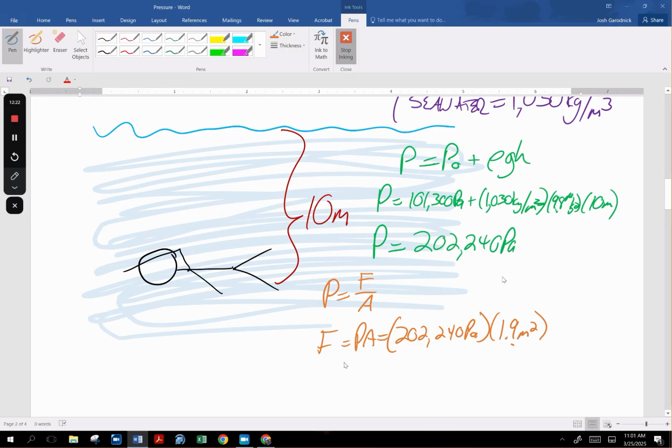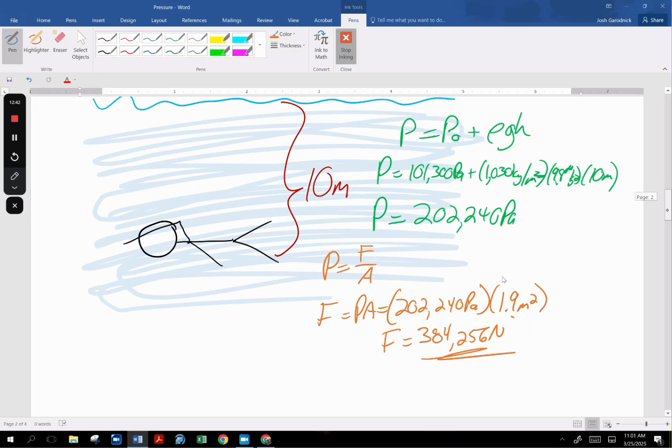And it's a lot of force. It's roughly 384,256 newtons of force. That seems excessive. So there's that. Okay? Basic pressure example. Shall we move on? I'm excited to move on.